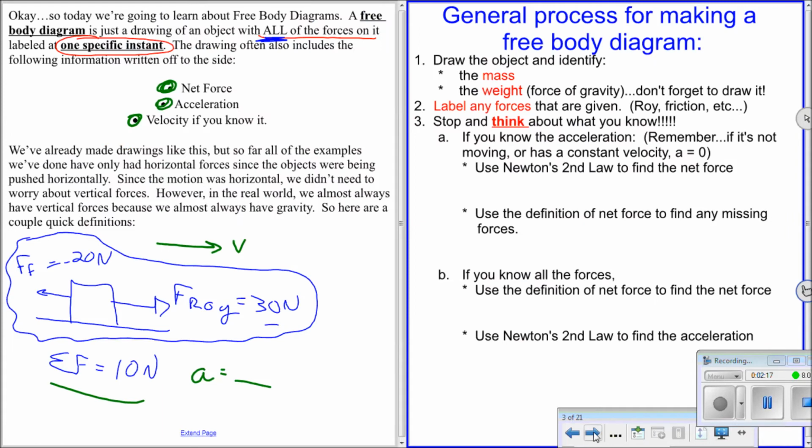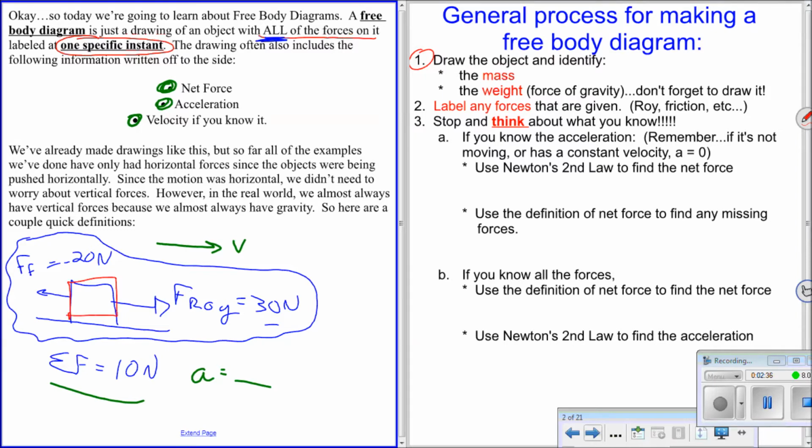So let me talk a little bit about the general process that you're going to follow to make a free body diagram. Every time I do a free body diagram, I always follow the same 3 steps. Step 1 is to draw the object, just like a little box like I did over here, and then to identify the mass and the weight of the object.